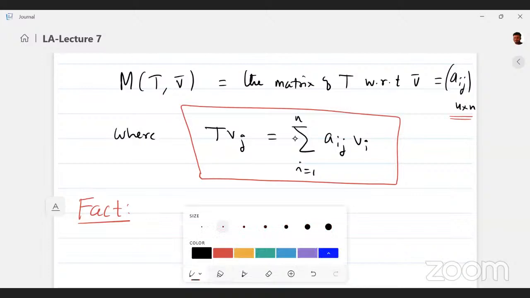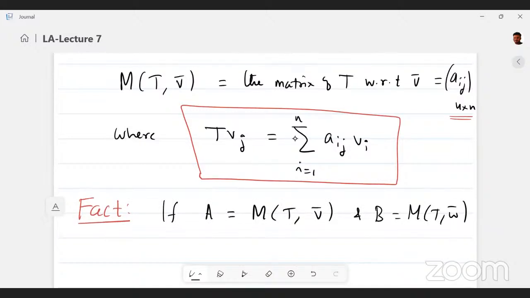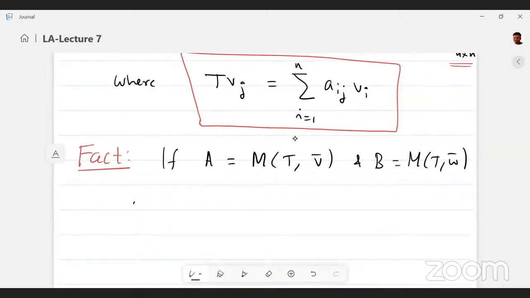Suppose A is the matrix of T with respect to V bar, and B is the matrix of T with respect to W bar, where V bar and W bar are both bases of the given vector space V.